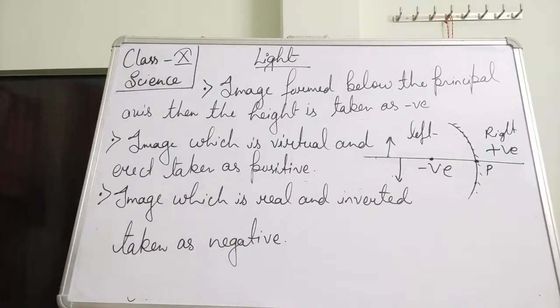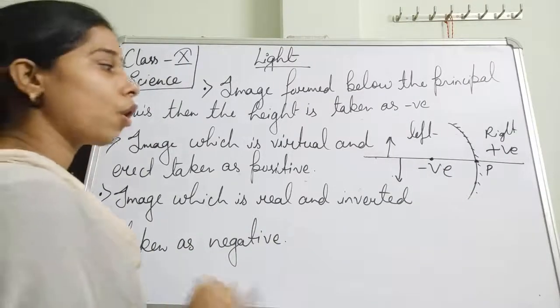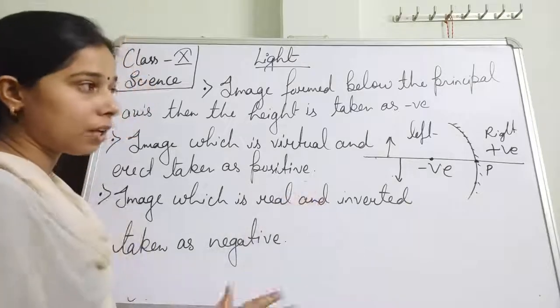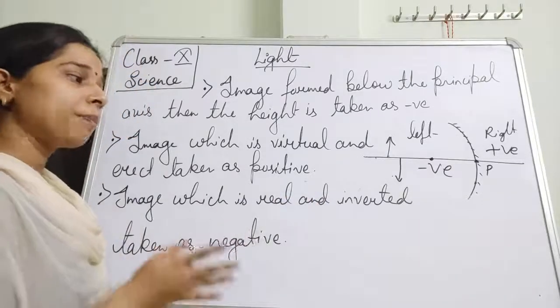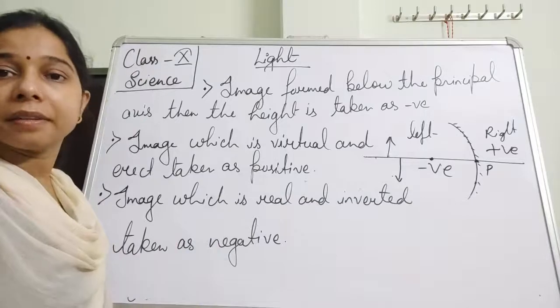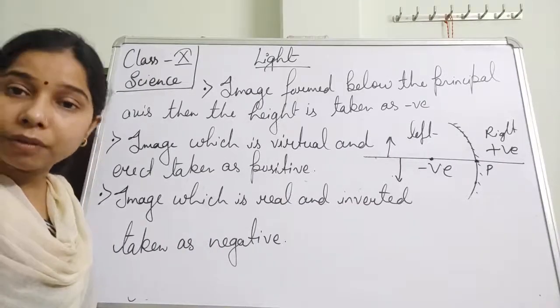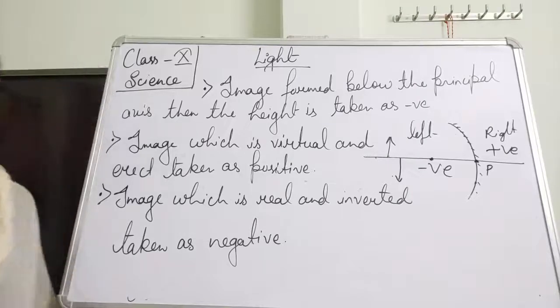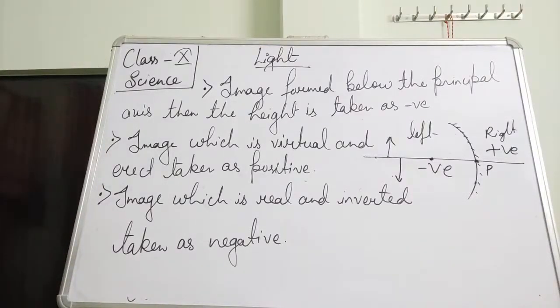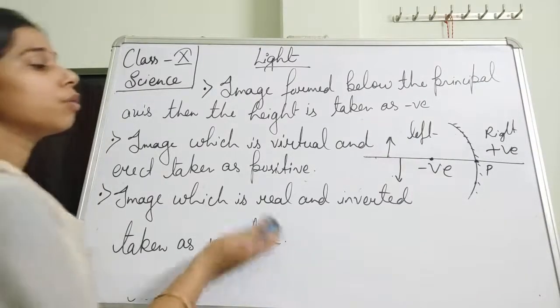So these are the 2-3 things that we have understood, students. And in case of the concave mirror, we will find both conditions, that is height can be positive, it can be negative. These are the sign conventions that we are going to use for the concave mirror. Now the question arises: where are we going to use this?